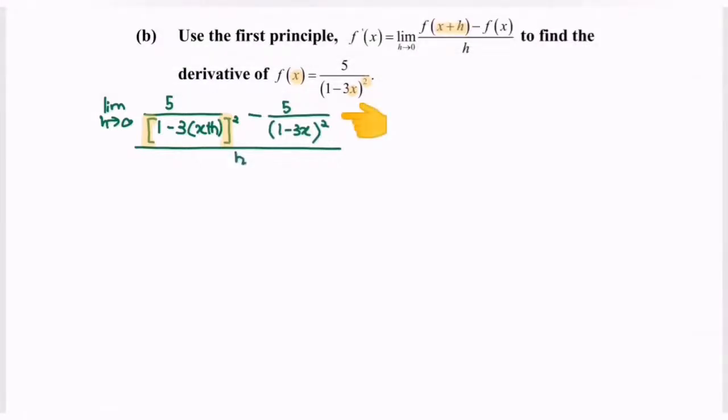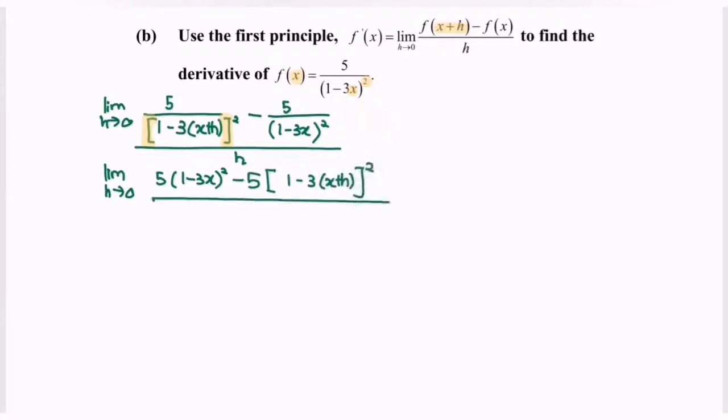So we will have the limit as h approaching 0 of 5 multiplied by (1 minus 3x) squared, minus 5 multiplied by (1 minus 3(x plus h)) squared, over h times (1 minus 3(x plus h)) times (1 minus 3x).